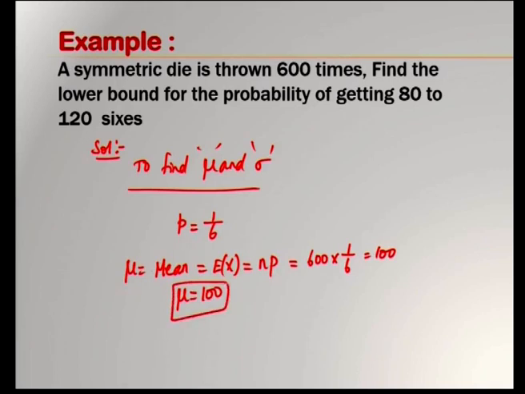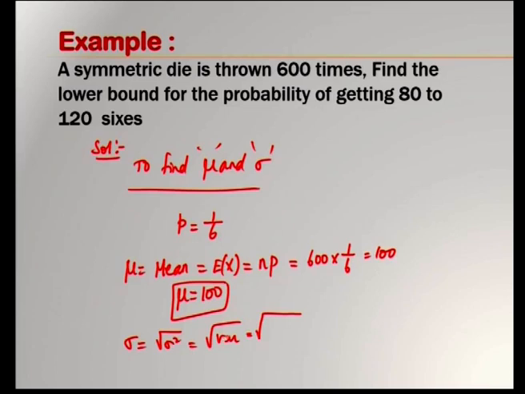Okay. Next, sigma: we will find the standard deviation. Sigma is equal to root of sigma square, which is root of variance, and this is in the format of binomial distribution. I have used NP as the mean of the binomial distribution, and similarly the variance of a binomial distribution is NPQ. P is 1 by 6, so we need the Q value here.